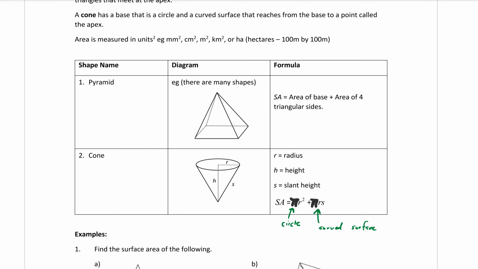Pi r s. Yeah, that's slant. So we use s to remind us that it's actually a slant height. When we do volume, if you might remember volume from before, we do use the normal h, the perpendicular height, but surface area is the slant height, so it's the s there. So you have to be careful to make sure you use the right one.